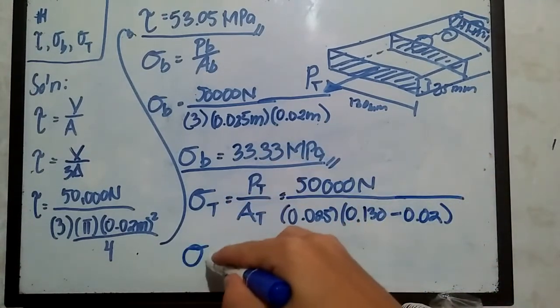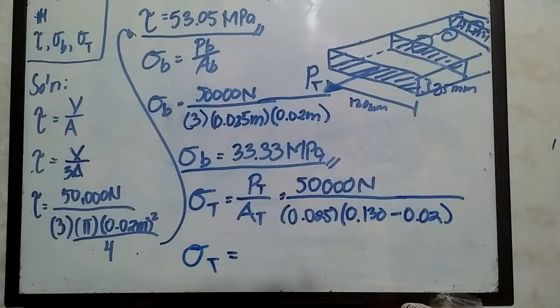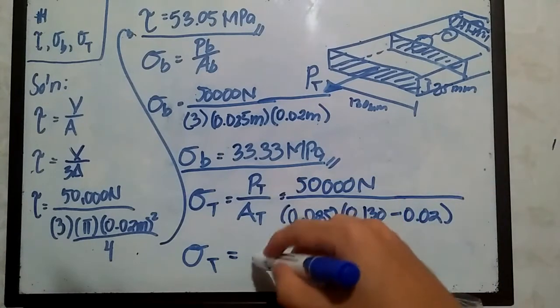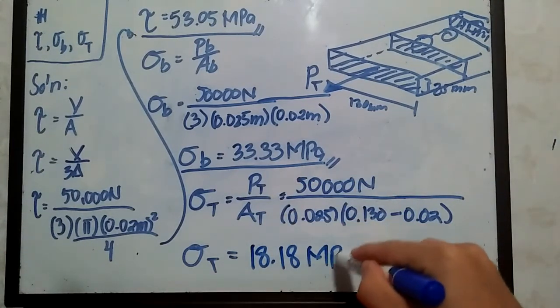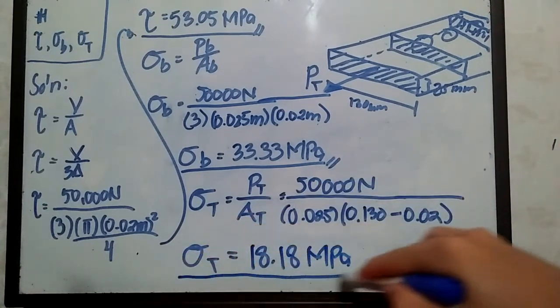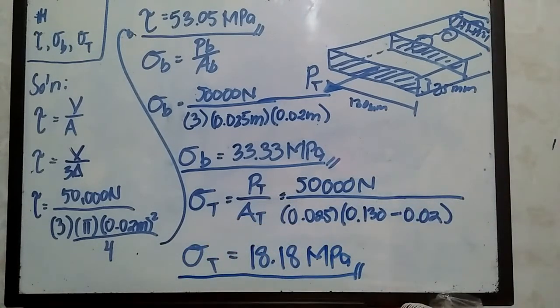Solving for sigma sub t, that is approximately 18.18 megapascals. So that would be the solution for our problem number 1 for shear and bearing stresses.